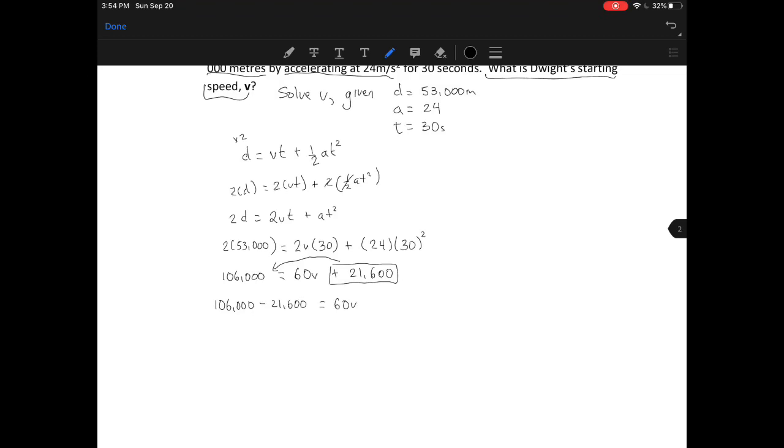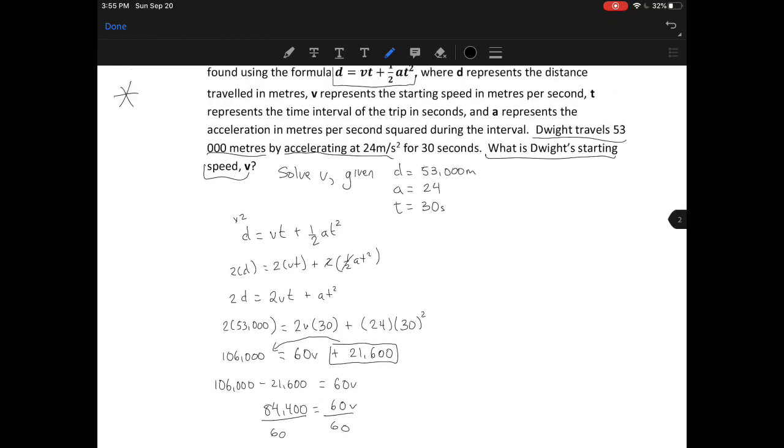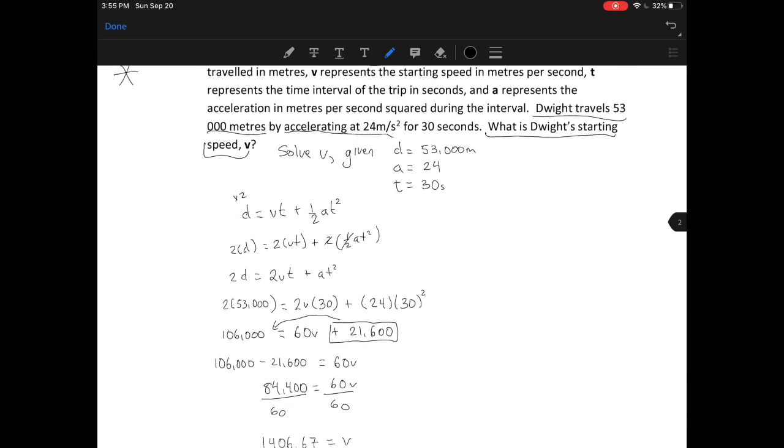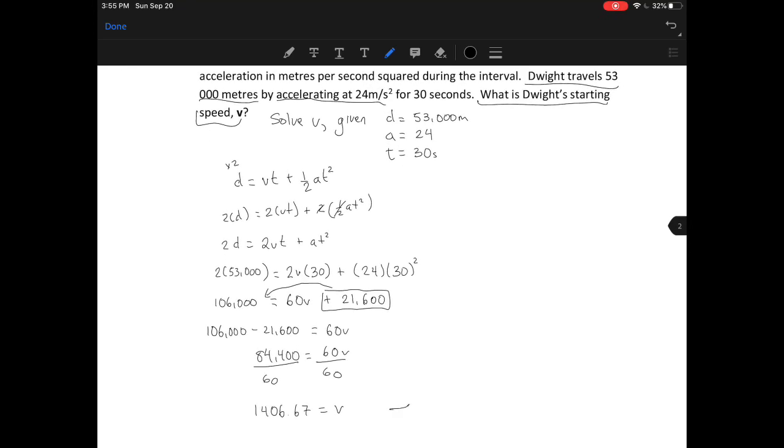When we do 106,000 minus 21,600, we get 84,400 equals 60V. And now to finish off, we divide by 60. We're going to get a big decimal answer, but we'll round it to 2 decimal places, so we'll get 1406.67 equals V. Remember, V is the starting speed in meters per second.